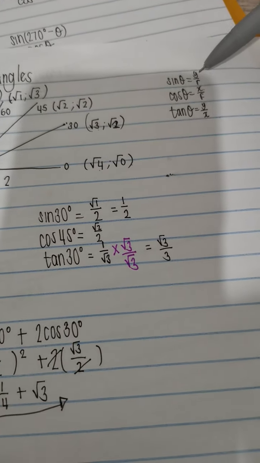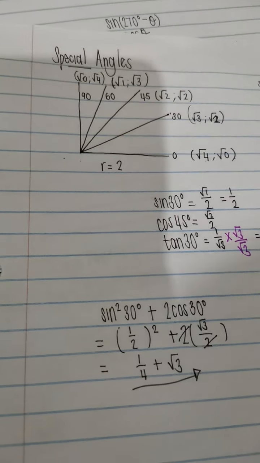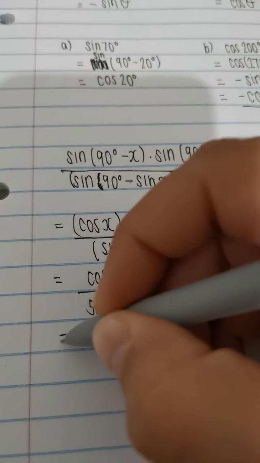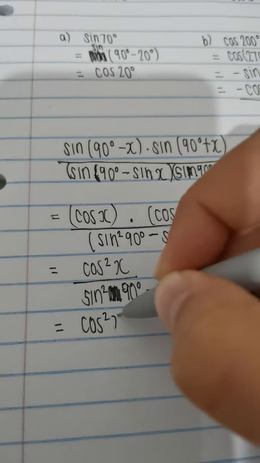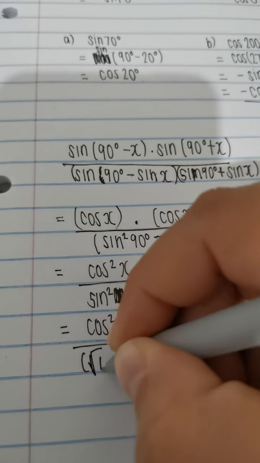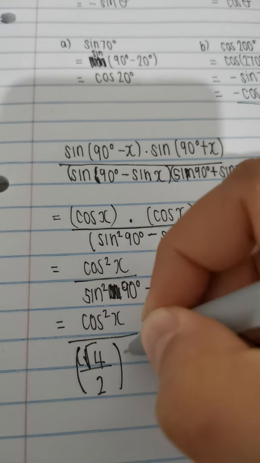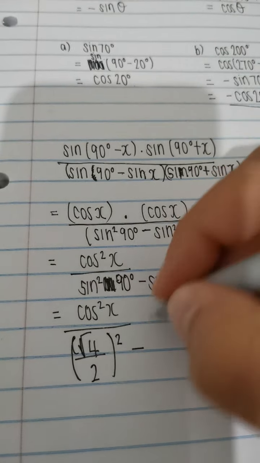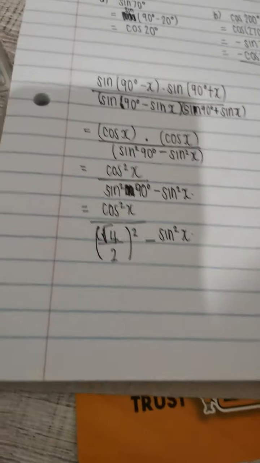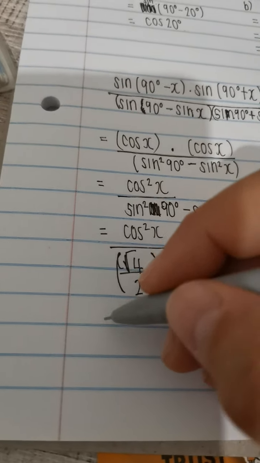Sine of 90 is y over r, which is, our y value is root 4, our r value is 2. So we have root 4 over 2, and it's all squared, minus sine squared x. That's what we needed to do. Root 4 is the same thing as 2. 2 over 2 is 1. 1 squared gives me 1.